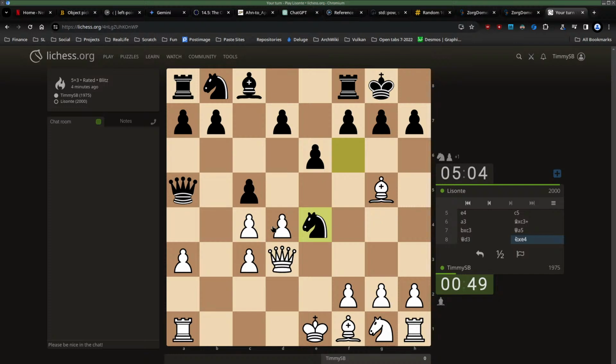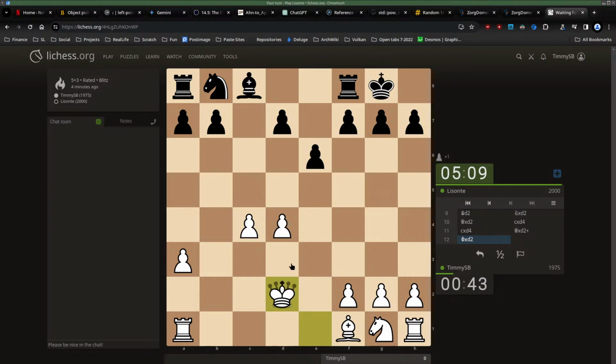If he takes with the... I'm so fucked. Oh, I'm so fucked. No, he's one pawn up and 4 minutes.